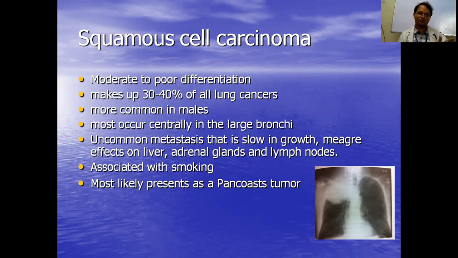Both of these tumors, small cell as well as squamous cell, originate centrally. They are uncommon to metastasize early because these squamous cell carcinomas are slow in their growth and their spread to other organs like liver, adrenals, and lymph nodes is very meager.